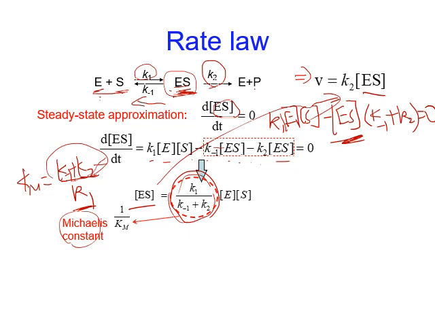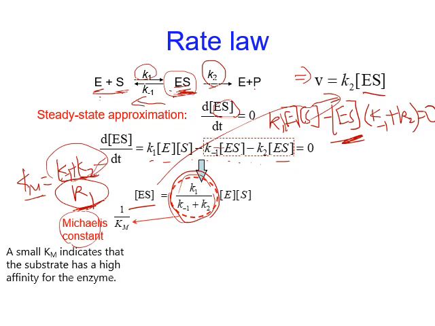And k1 tells you how strong the affinity of this enzyme is to the substrate. So a large Michaelis constant tells you the enzyme substrate complex is very reactive, that it immediately decays into product or the reactants. And a small Km indicates the substrate has a high affinity for the enzyme.